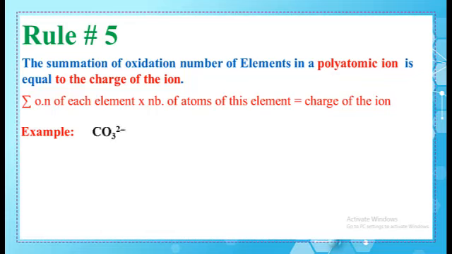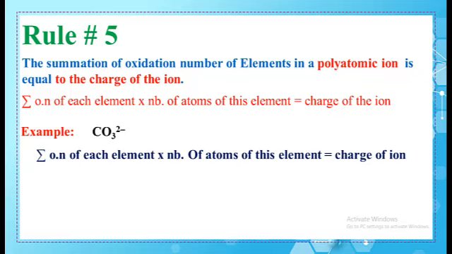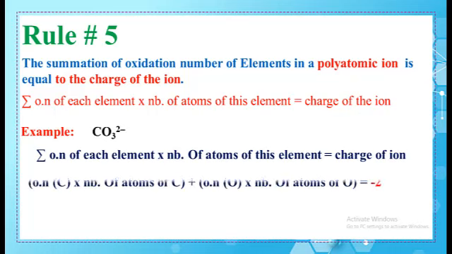Example, the summation of the oxidation number of all the elements of CO3 2- equals the charge of this ion. So we always see what is the charge of the polyatomic ion, so the summation of the oxidation number equals the charge.